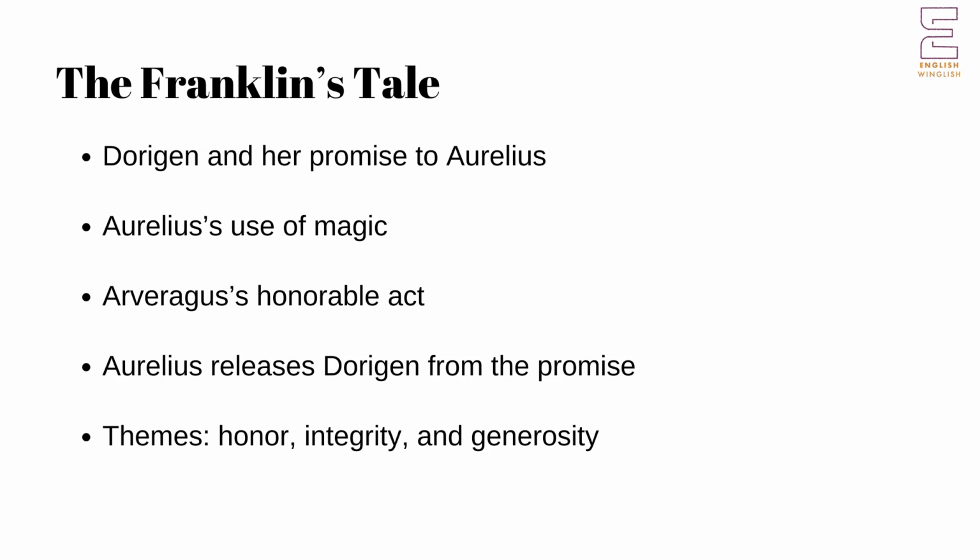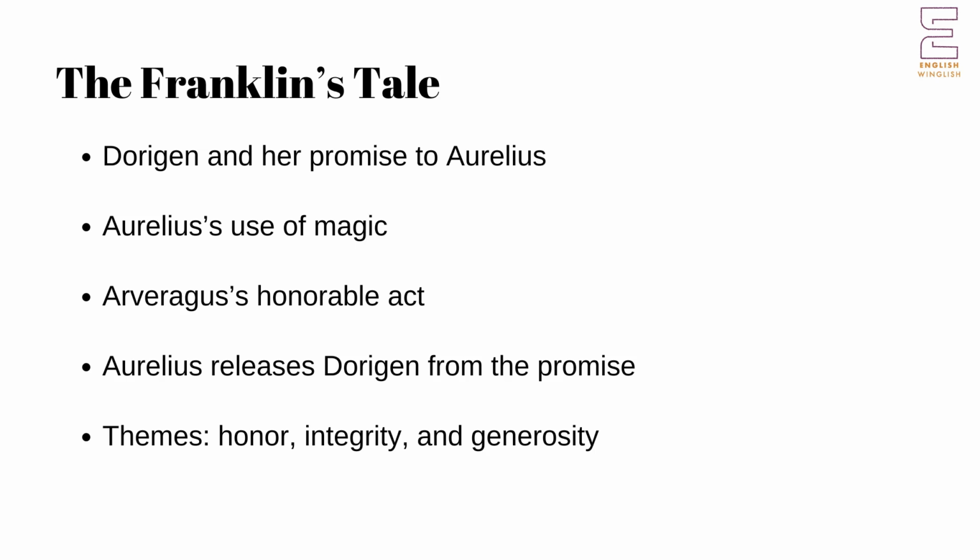The Franklin's Tale. The Franklin's Tale focuses on Dorigen, who is left behind when her husband Arviragus goes to sea. Distressed by his absence, she makes a rash promise to Aurelius, a squire who loves her, agreeing to be with him if he can remove all the rocks from the coast of Brittany.